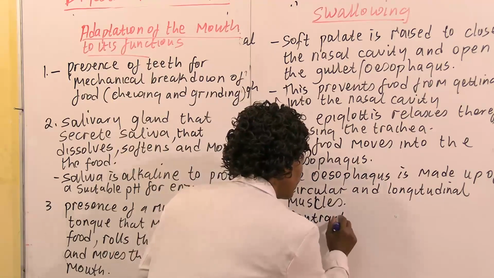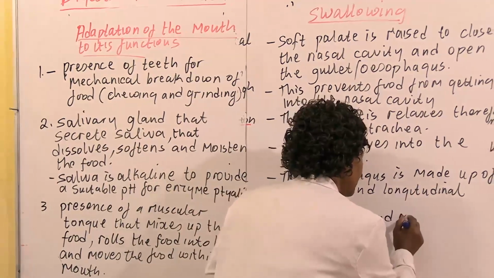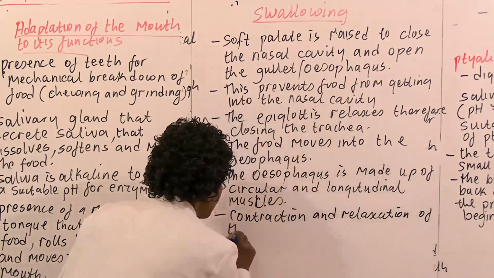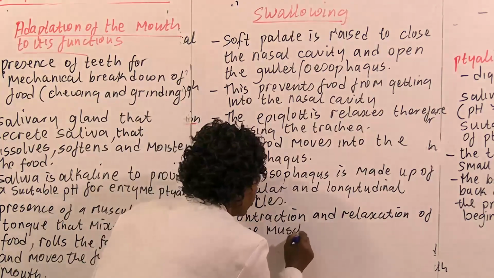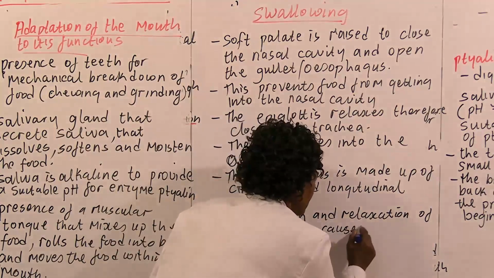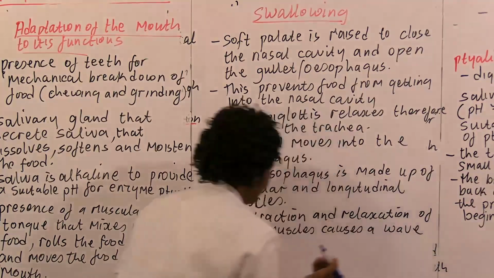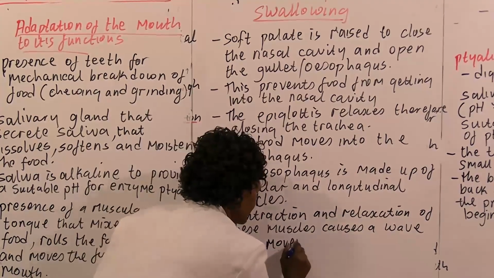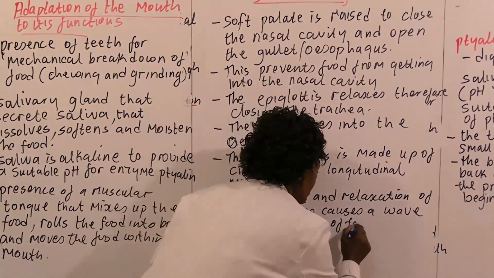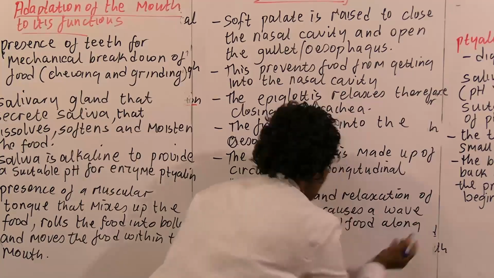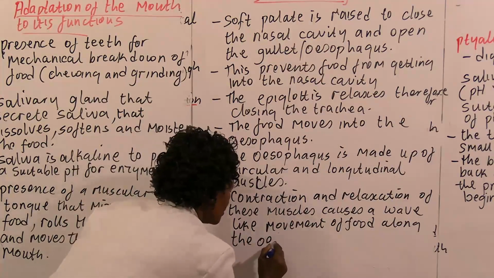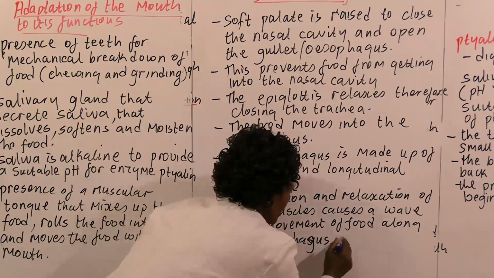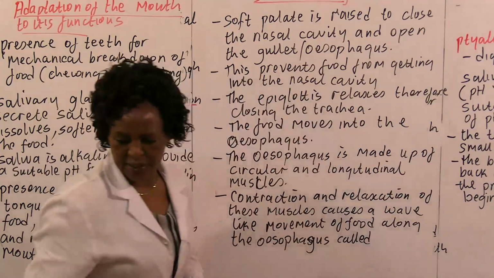Contraction and relaxation of these muscles causes a wave-like movement of food along the esophagus, called peristalsis.